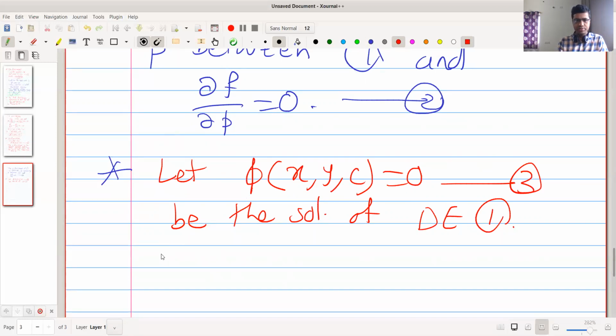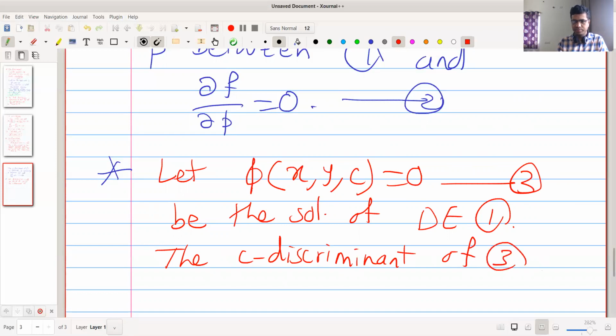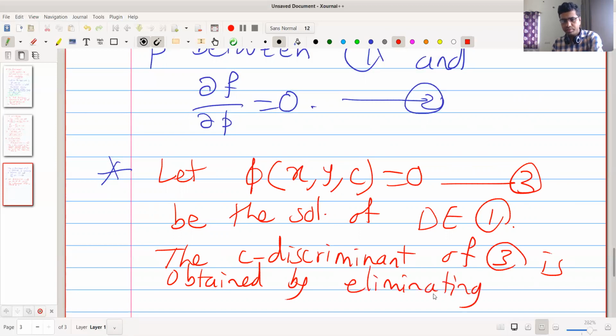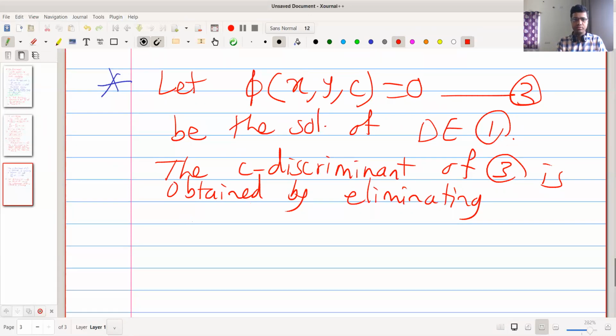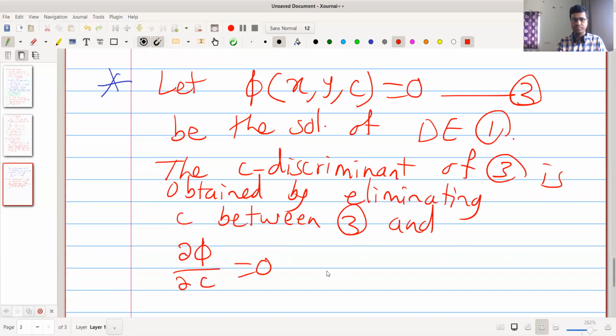The c discriminant of 3 is obtained by eliminating c between 3 and the partial derivative of phi with respect to c equal to 0.